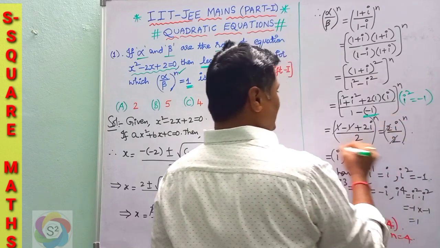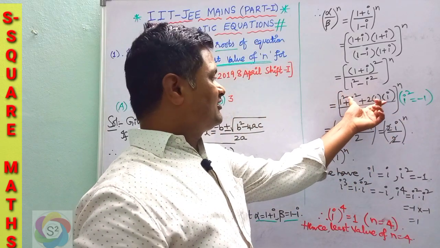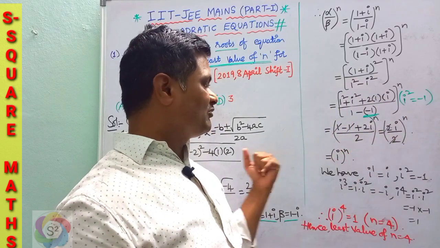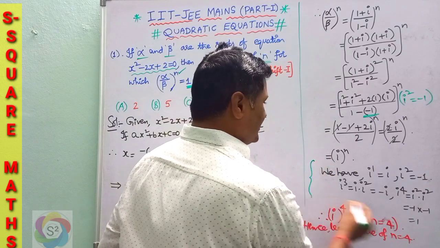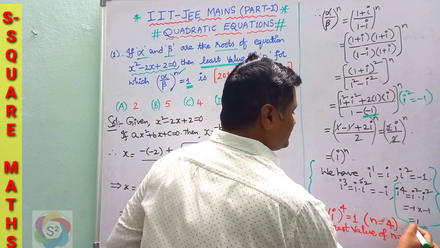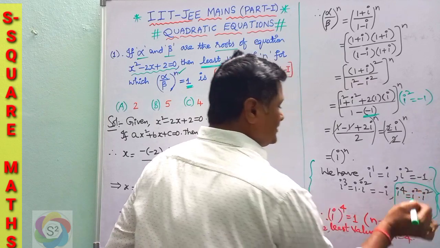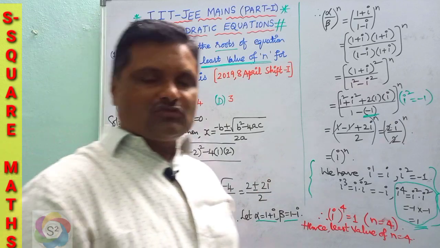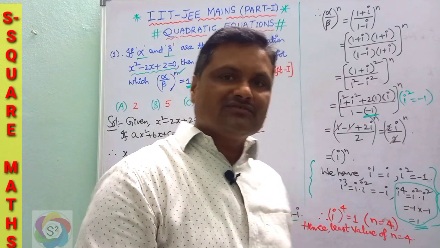So finally we got i^n, and this plays an important role. So for n equal to 4, that is the least value of n, we got i^n equal to 1.